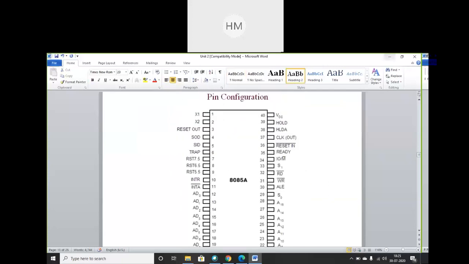Now we'll start with the pin configuration of 8085. Please draw the pin diagram in your copy. You all have your copies. Please prepare the copies. As soon as college starts, we will see your copies. We will check what work you have done and how updated you are with your subject.